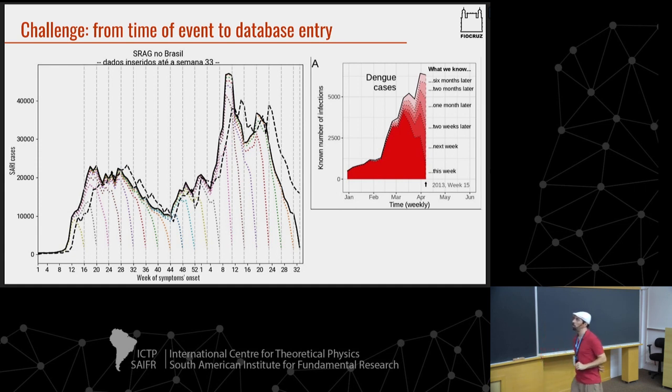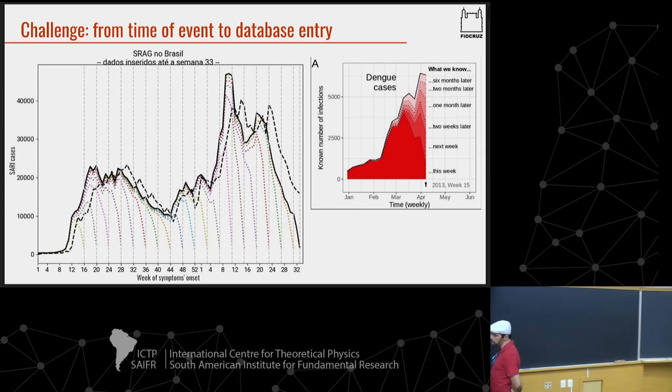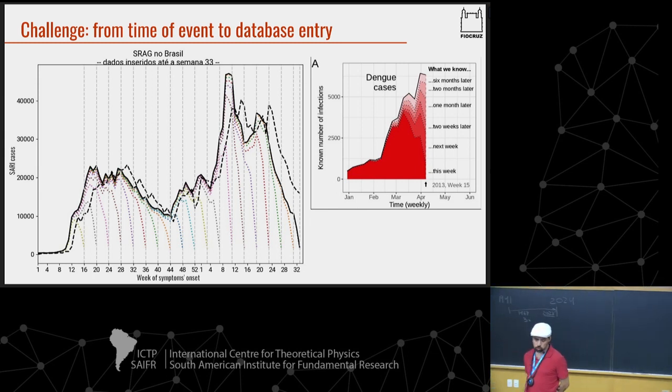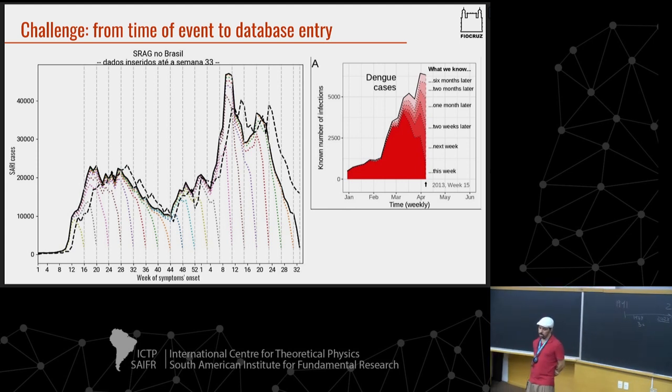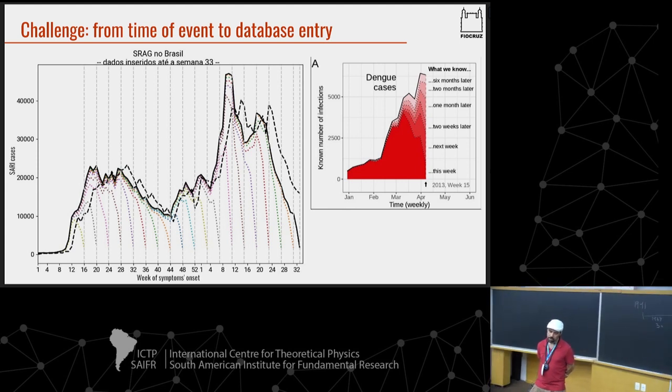Now, what some surveillance teams do to try to accommodate for that fact is, instead of looking at the same data in terms of symptoms onset, let us aggregate the data by database insertion. Well, that could be a good idea.